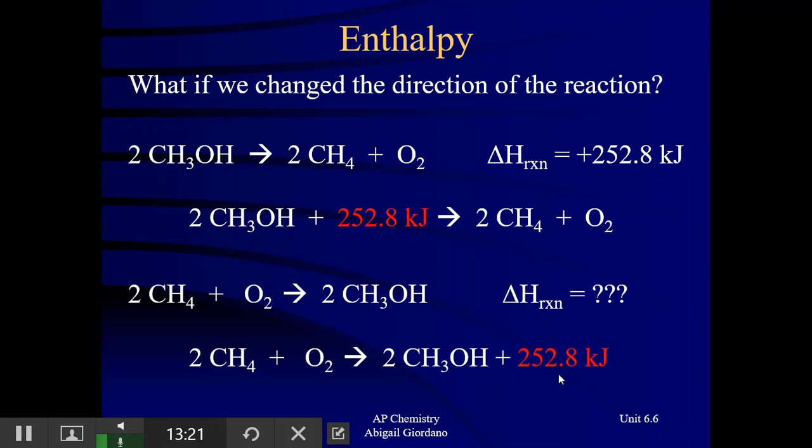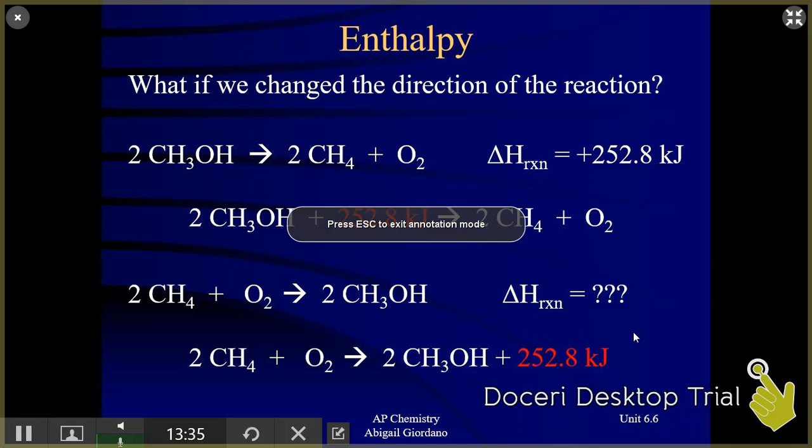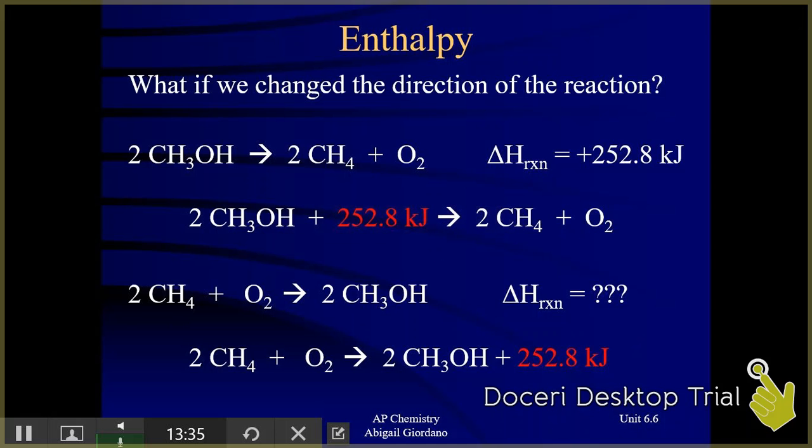If you flip a reaction around, if the heat was being absorbed as a reactant, now it's being released as a product. And if you think about it, shouldn't the magnitude of the heat of reaction be exactly the same? But what's going to be the difference? It will be just negative.